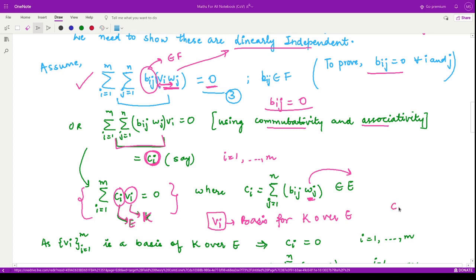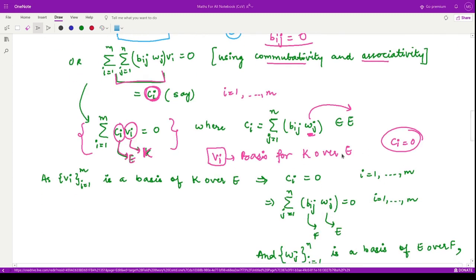That means these c_i should be equal to 0. This is because it is given that K has basis vectors v_i over E. That means the c_i's are 0, and what is the value of c_i? It is the summation j varying from 1 to n of b_ij w_j, which is equal to 0.